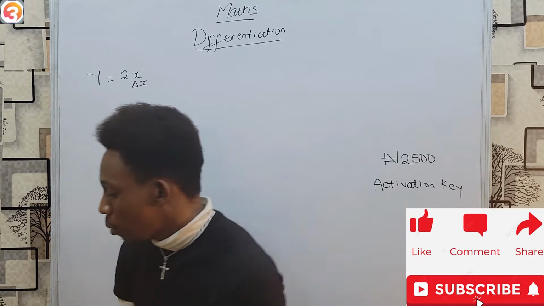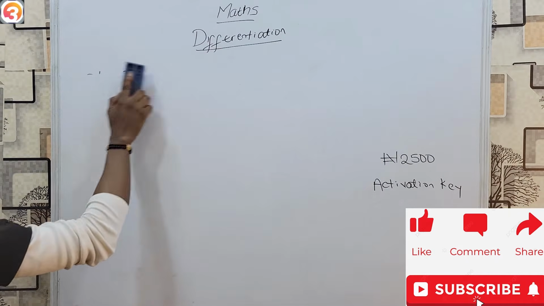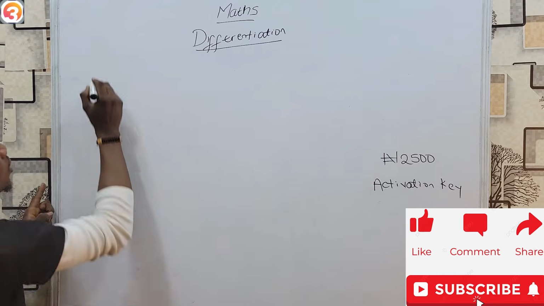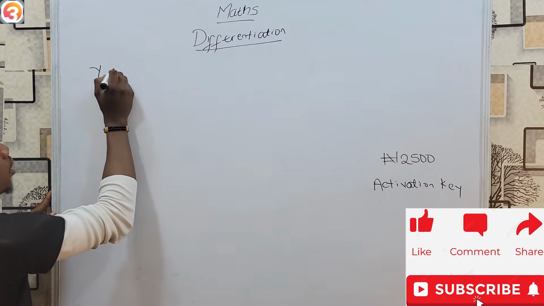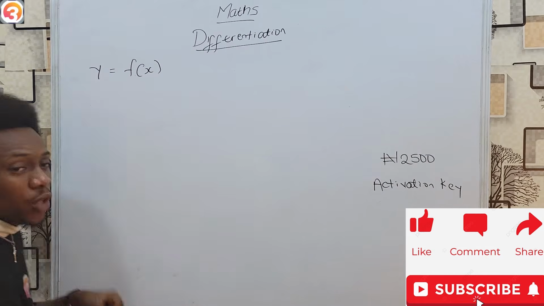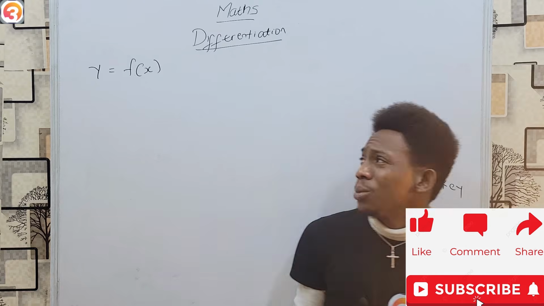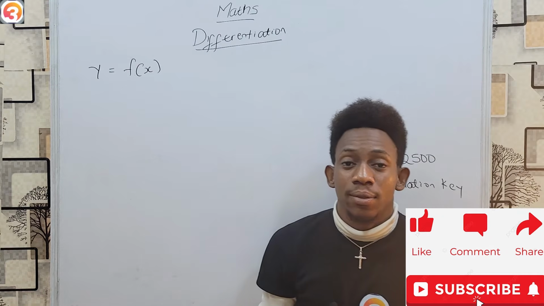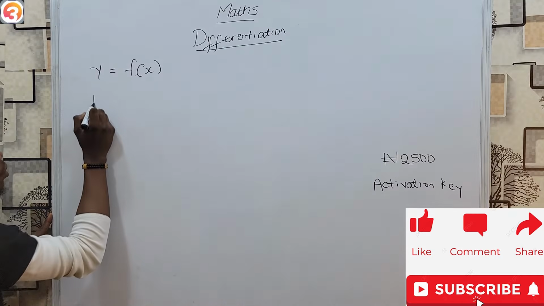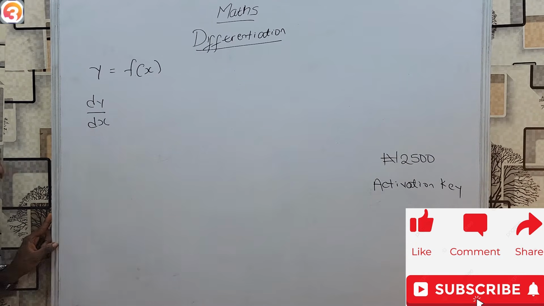In this topic, our differentiation or our derivative is usually presented in this form. Let's say I have y as an expression, and this expression is a function of x, maybe x squared plus 5. It just means that in that particular expression, x is a variable. In that case, find the derivative of y with respect to x.